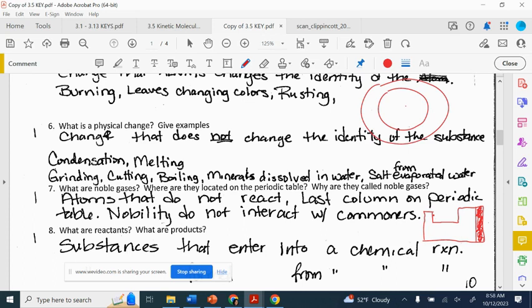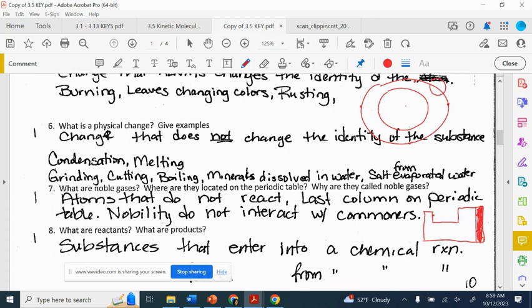Okay. So the reason why they bond is because oftentimes for anything that's not in this last column, there's always spots here that they need to fill. They want to get those filled up. Okay. And they will bond in such a way to make that happen. Well, these guys at the end of the periodic table are already filled.